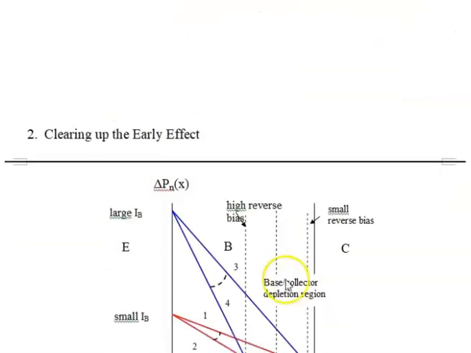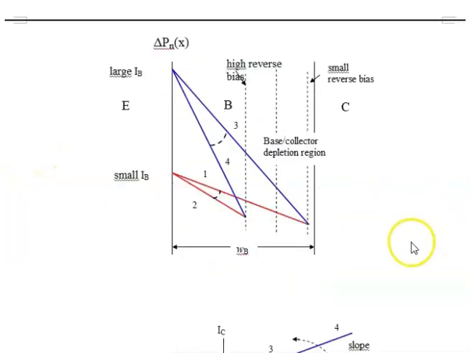So I've labeled this clearing up the early voltage. What I've done here is taken this picture, what we've seen before in the last session, and I've color-coded it. The two red lines represent small IB, that's small forward bias at the emitter base junction, and the two blue lines represent larger forward bias at the emitter base junction.